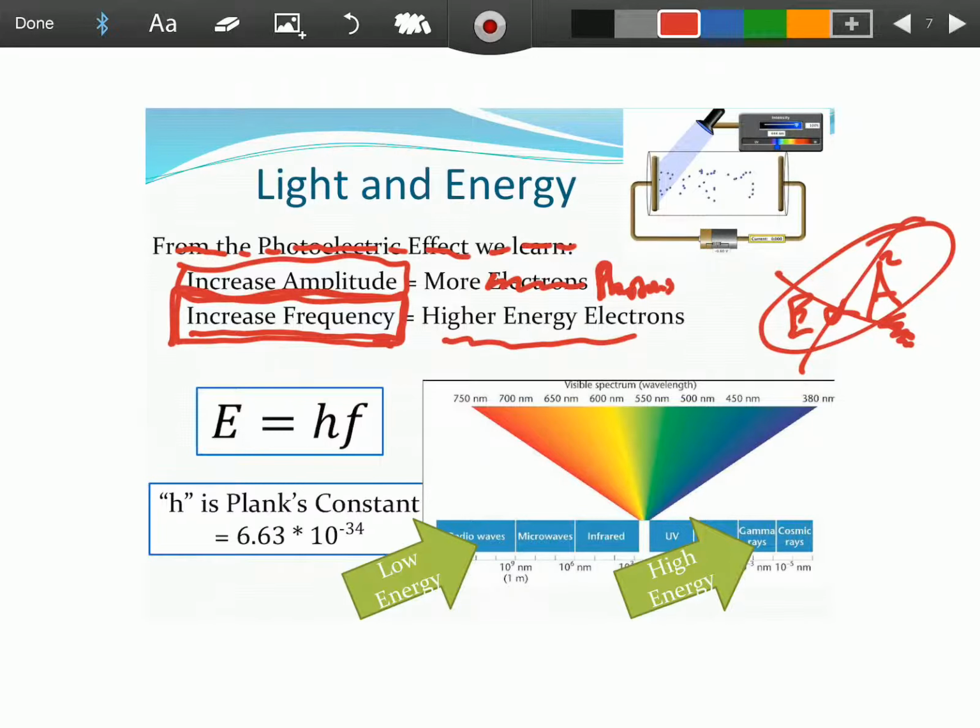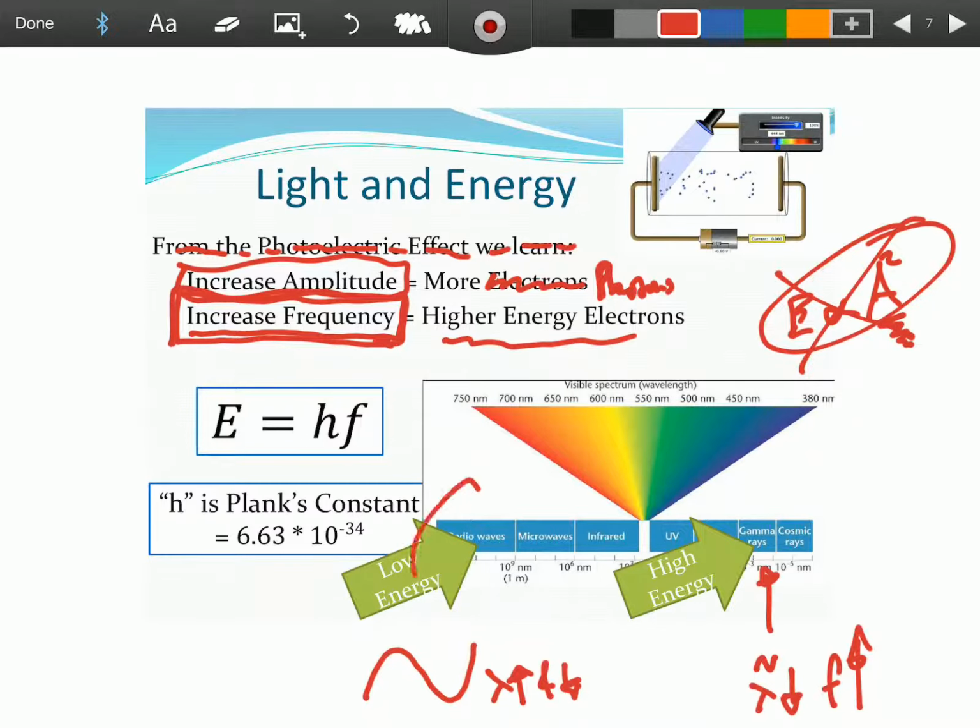So if you look, right, gamma rays have the shortest wavelength. So their wavelength is small, which means their frequency must be huge. Radio waves, on the other hand, have huge wavelengths. So their wavelength is big, but their frequency is small.